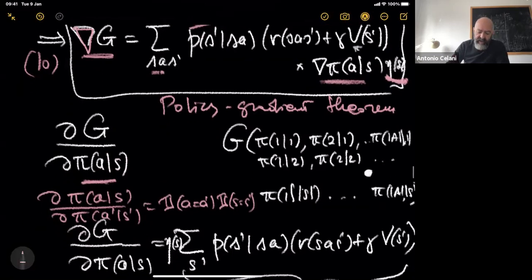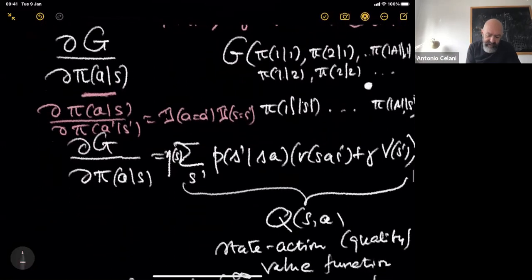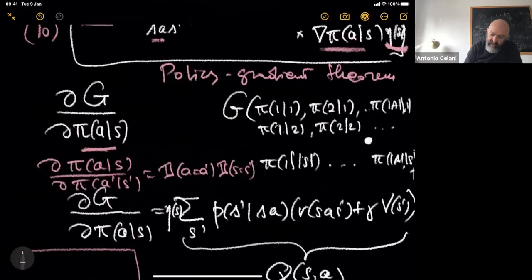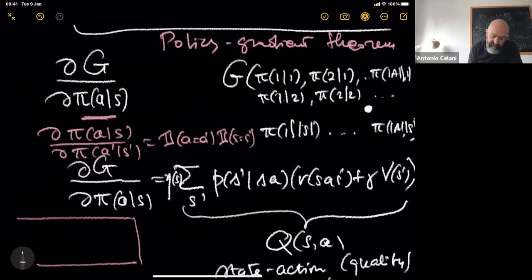Just to make it extremely clear, let me draw a little box here. Suppose I have a function which is just the sum over i of some coefficients alpha_i times some coordinates x_i.